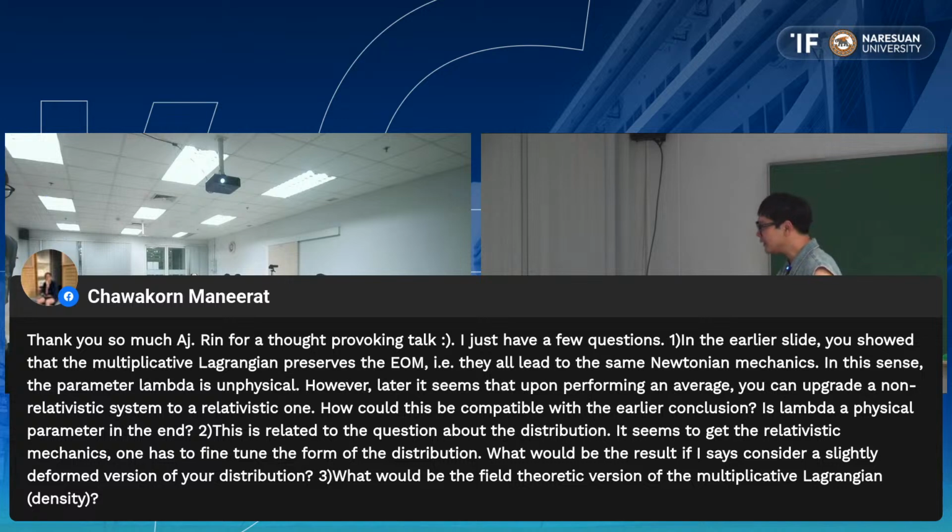The second one is related to the question about distribution. It seems to be related to mechanics. One has to fine-tune the form of the distribution. What would be the result if I consider a slightly different version of your distribution?